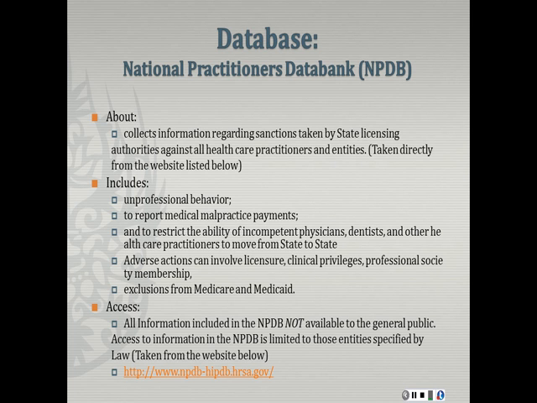Now, you can access this at the NPDB, but it's not available to the general public. Access to this information is limited to entities specified by law, and at this website they actually have a listing of who can access this information. And this is sensitive information, so not everybody can just go in and check it out.